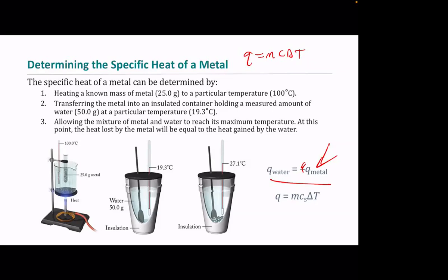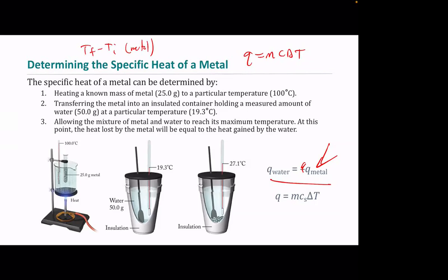What they want you to do is set them equal to each other, right? And realize the final temperature of the metal is lower than the initial temperature. So T final minus T initial for the metal will be negative. That's where the negative sign comes from. You see? All I do is just solve it twice. I don't worry about the negative sign.